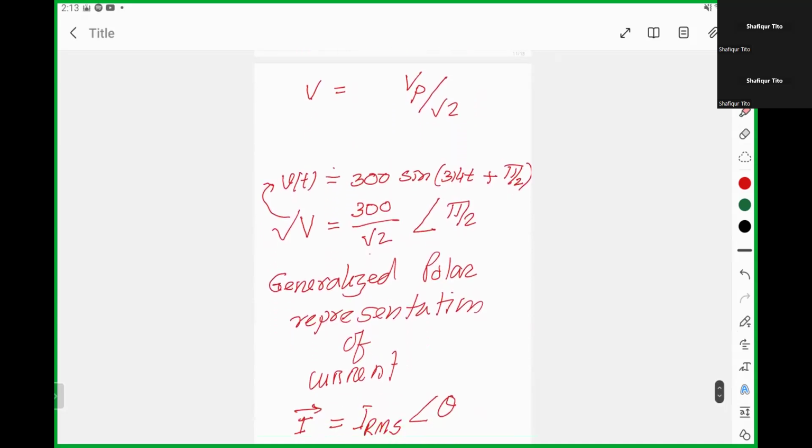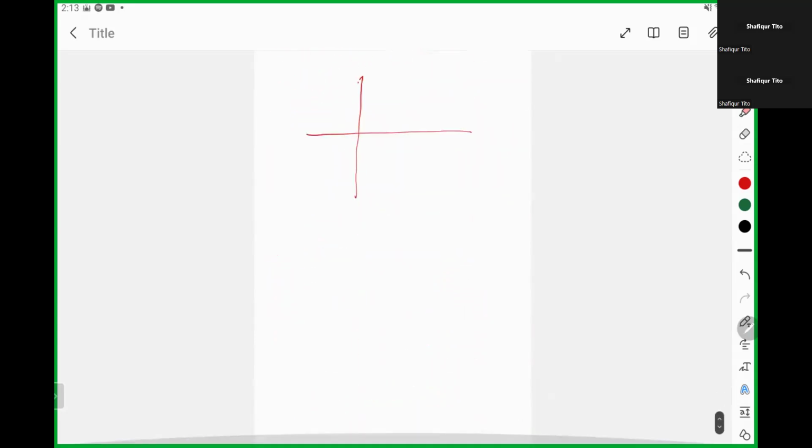Can you draw it in the coordinate system? 300 divided by √2, making an angle of pi by 2. This is my vector, I can write V here. All of you, try to draw this in the coordinate system.